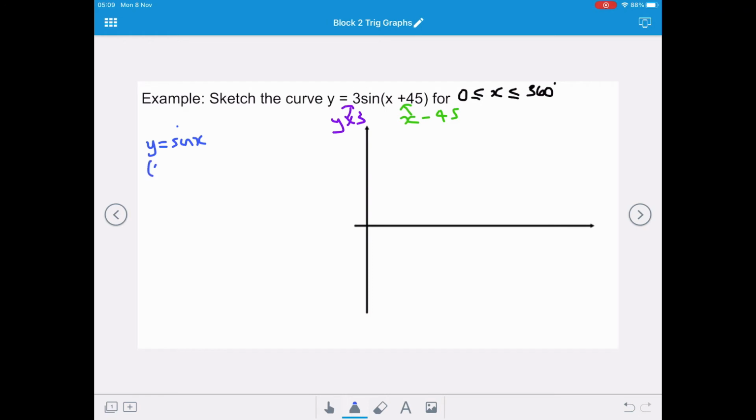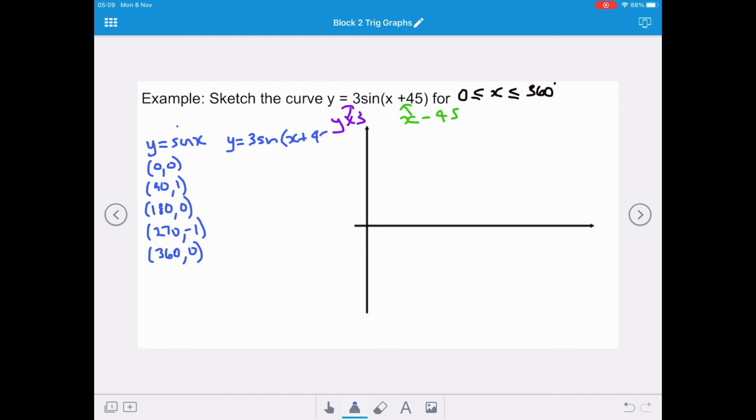So for y equals sine x, our key points are 0, 0, a maximum at 90, 1, a root at 180, 0, a minimum at 270, negative 1, and a final root in this domain of 360, 0. So let's look at our y equals 3 sine x plus 45 degrees.